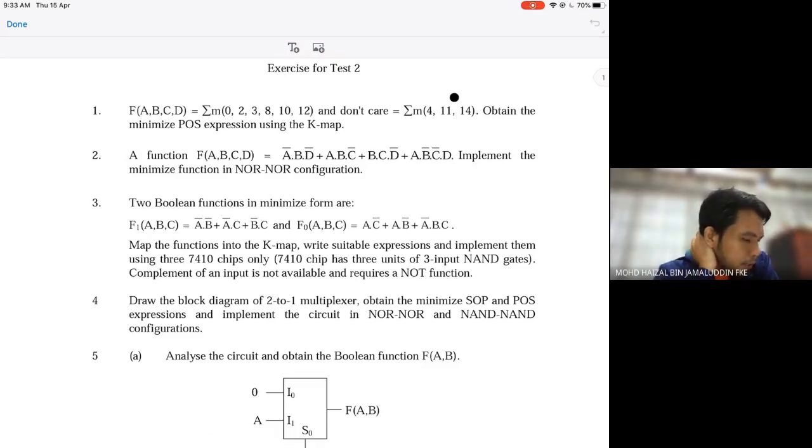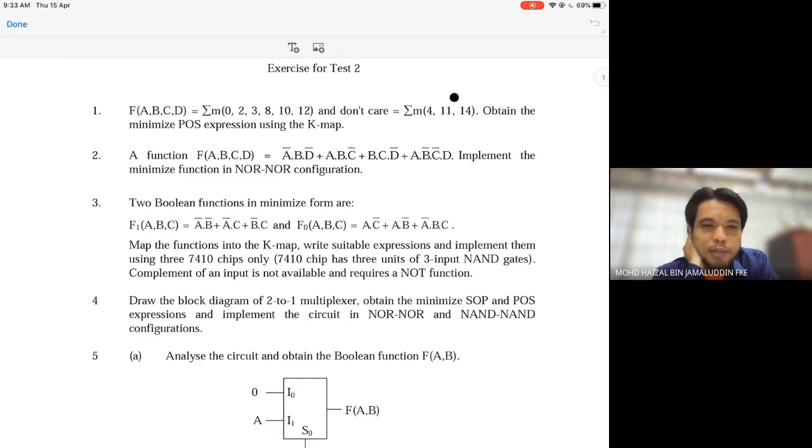First, you need to minimize the equation. Next, you only need to use NOR gates.